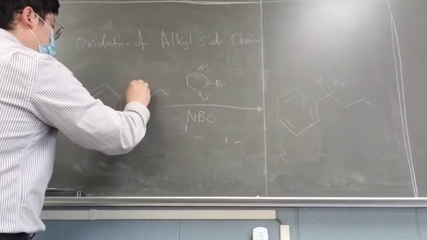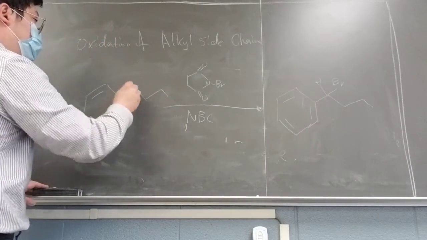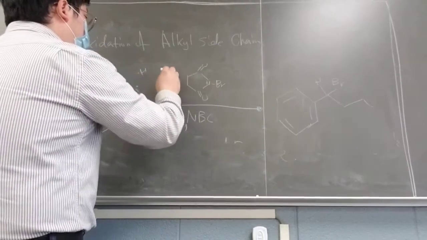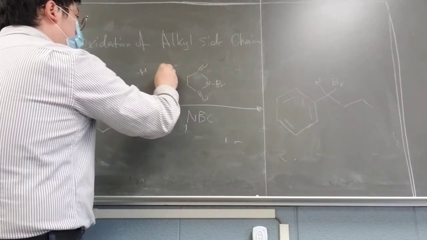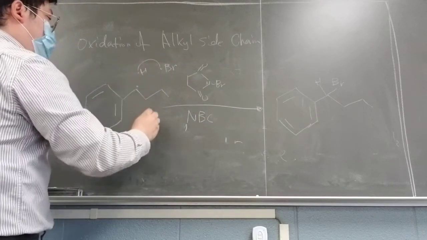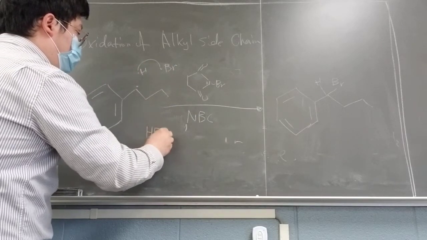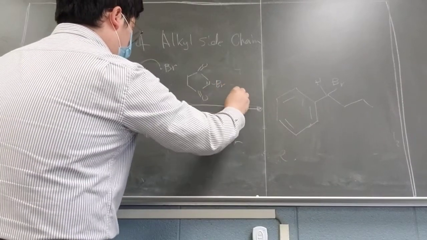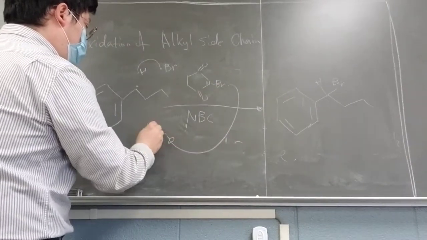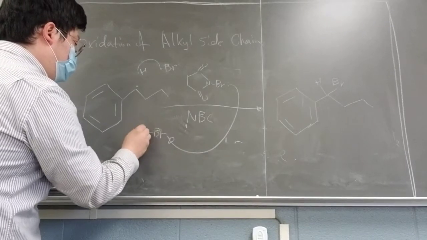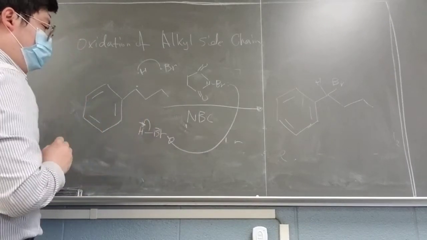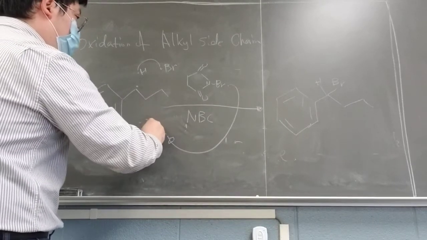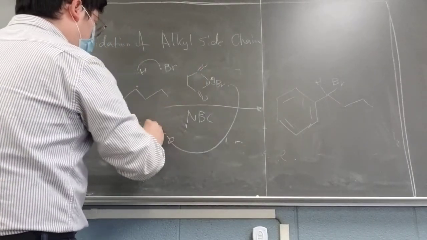So let's say you have a radical point right here, with the hydrogen also homolytic cleavage. So then this one comes in and makes HBr over here, and then it goes to here. Oh, no, sorry. It goes to here, goes to here.